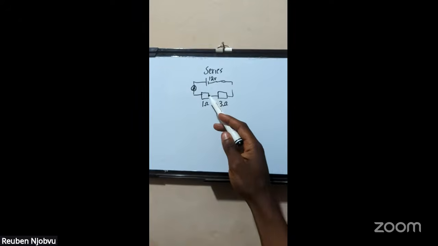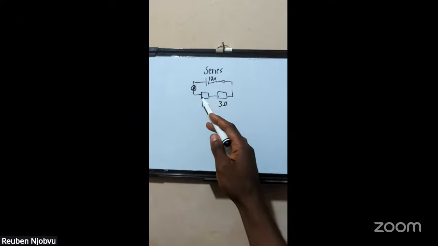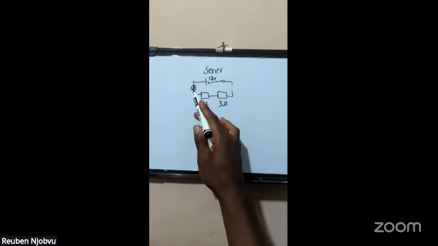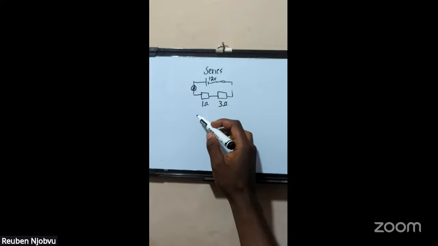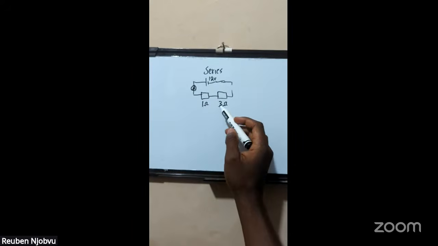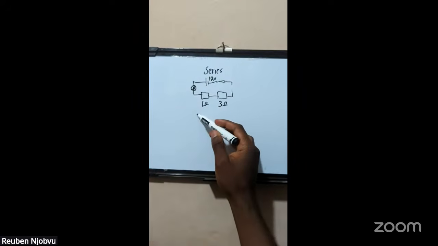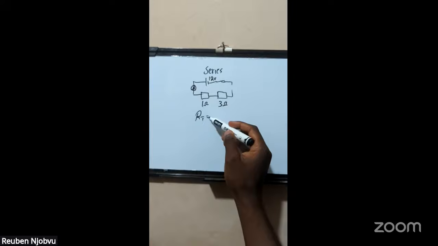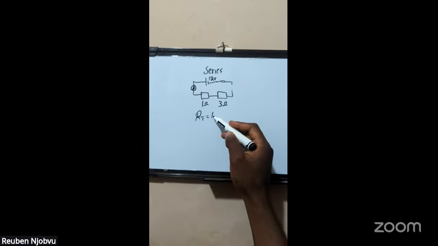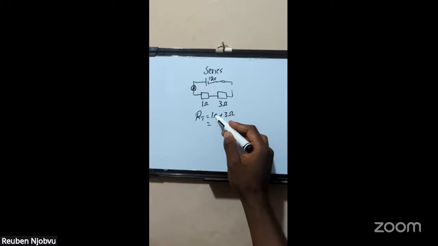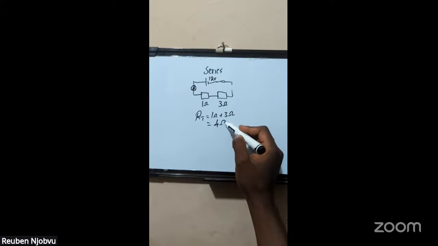Let's find the total current. We're going to use Ohm's law. First, you have to find the total resistance. In series, the total resistance is simply found by adding them. So we have 1 ohm plus 3 ohms, meaning the total resistance is 4 ohms.